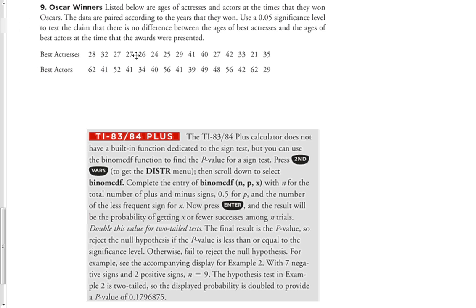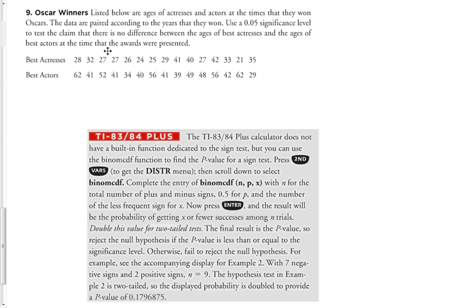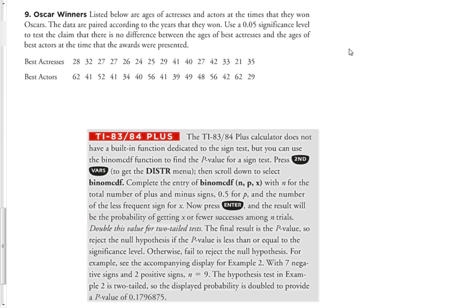Listed below are the ages of actresses and actors at the time that they won the Oscar. The data are paired according to the year that they won. Use a 0.05 significance level to test the claim that there is no difference between the ages of the best actress and the age of the best actor at the time that the awards were presented.